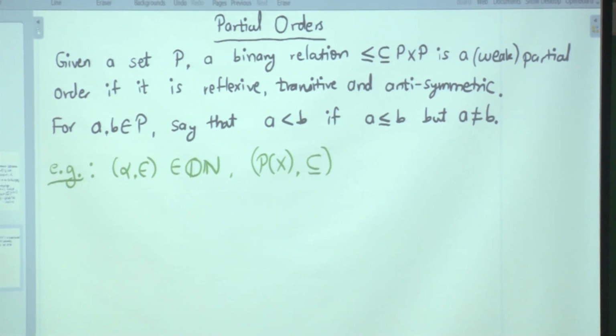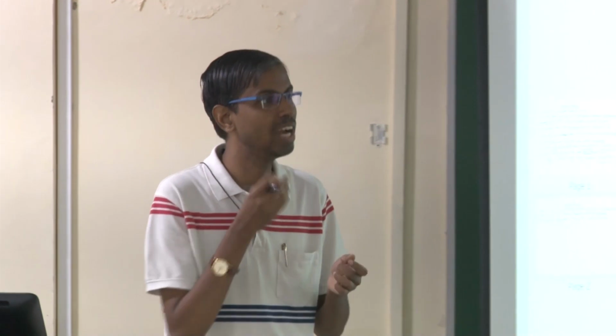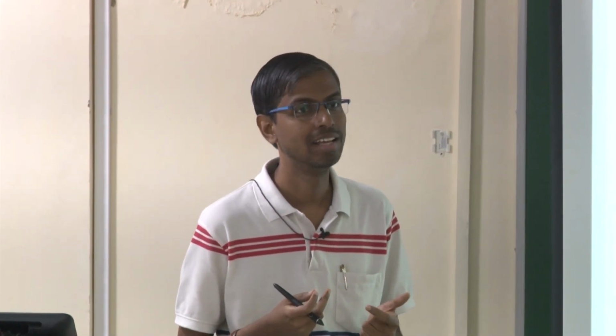If A is a subset of B and B is a subset of C, then A is a subset of C. And if A and B are both subsets of each other, then by which axiom of set theory? Extensionality. Very good. So therefore this is also a partial order.